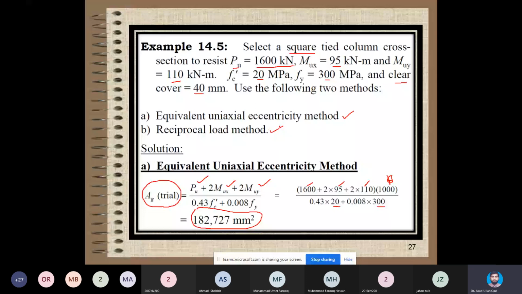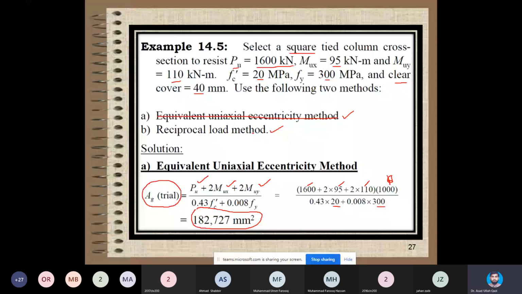It's not a direct design method. So just assume that you have not designed this column earlier by equivalent uniaxial eccentricity method, and you are questioned directly that select a square tied column with this given data and use reciprocal load method only. Then what will be your flow chart?